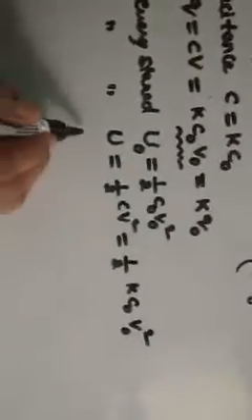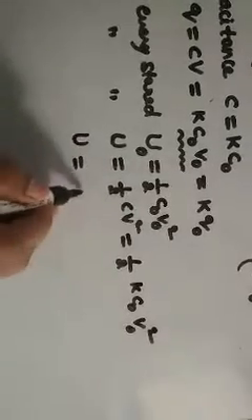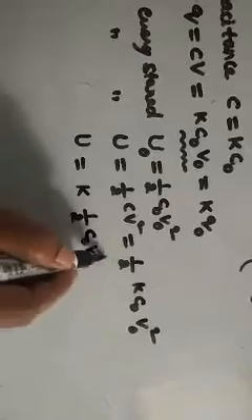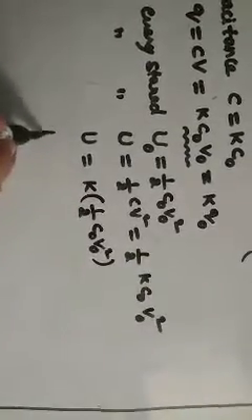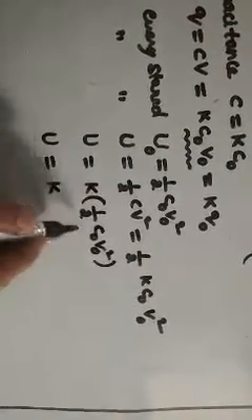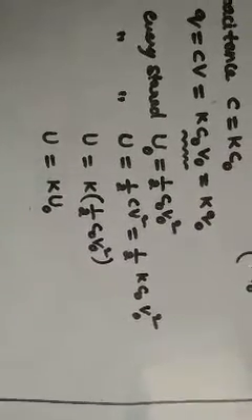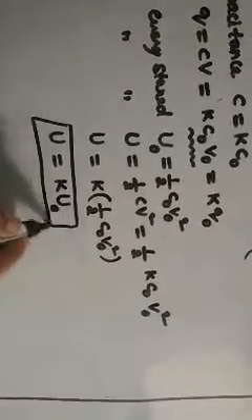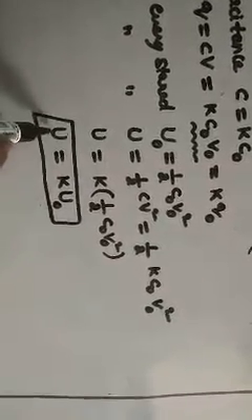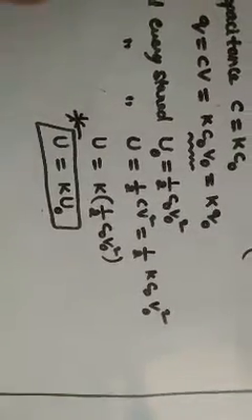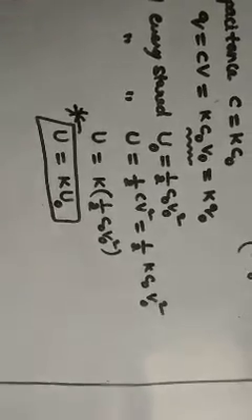This implies U is equal to K into half C naught V naught square, which is nothing but K times U naught. Means the final energy stored also increased by K times. This sentence has come in the exam many times, so keep it in mind.